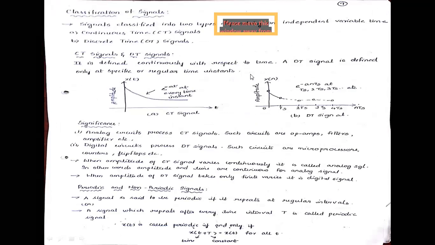We know a standard formula, the sum of a series, the geometric series sum. The sum of n equal to N1 to N2 of a power n, where a is anything, here an exponential function.